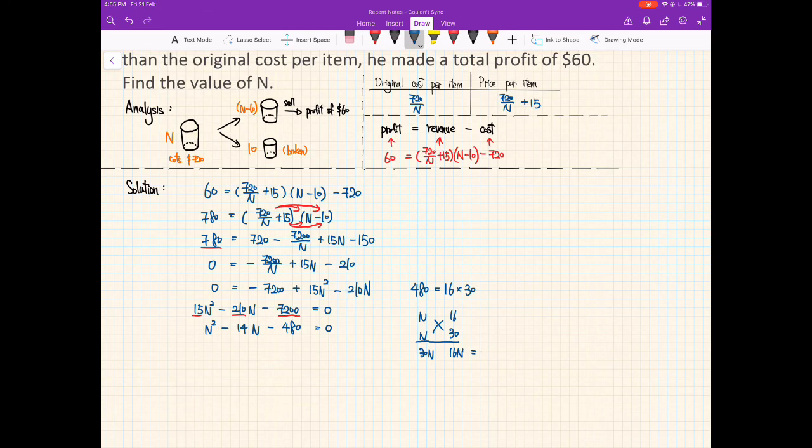The sum must be negative 14n. That means 30n must be negative. Negative, negative, positive, positive. Let us check.